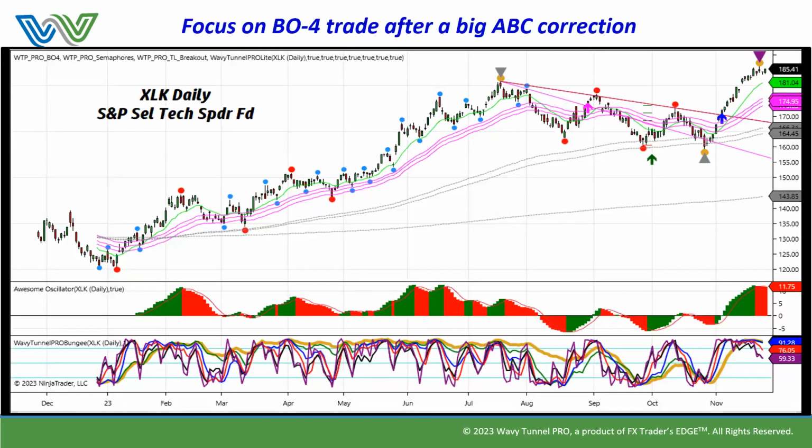Okay, so that was XLE. This is XLK, the Select Technical Spider Fund. I want you to get a handle on what this setup looks like. Here the wave is moving away from the tunnel, so the slope is rising because we're in an uptrend.